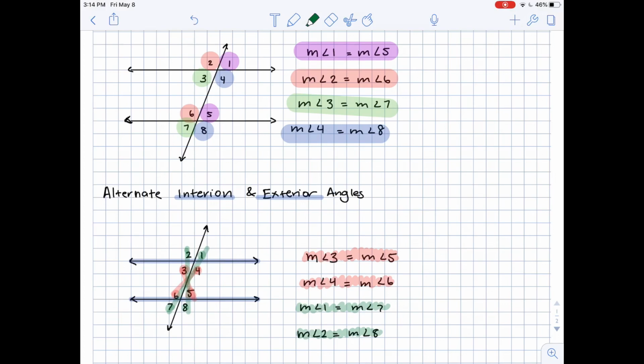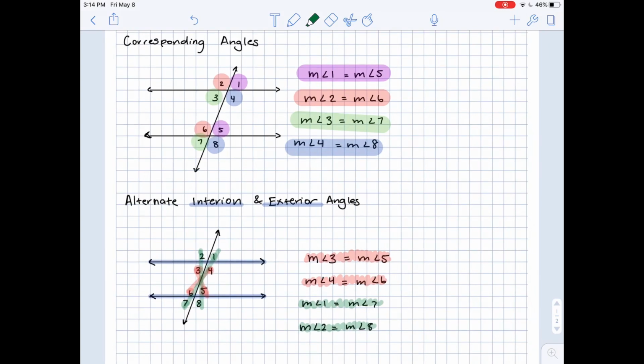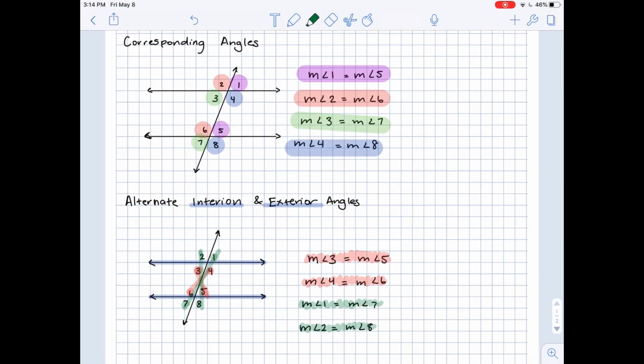Those are the angles that are equivalent to each other. So right here we have three sets of rules: corresponding angles, alternate interior angles, and alternate exterior angles. You can use these rules to solve for missing angles, and all of these angles that are highlighted all equal one another within their individual highlights.